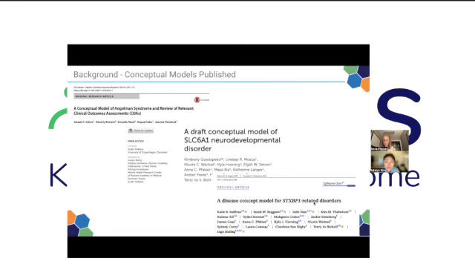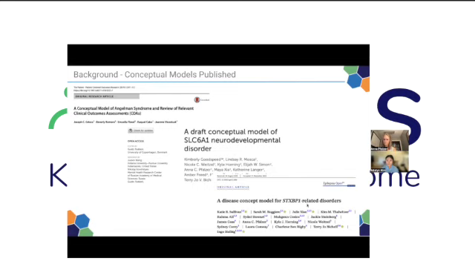I thought it might be helpful to walk through what the results of studies like this can look like. Obviously each group and each paper summarizes and analyzes their data a little bit differently, but the gist and the main takeaway message is always kind of the same: what are the most prominent symptoms that are being reported, and what is the range in symptoms that are being reported?